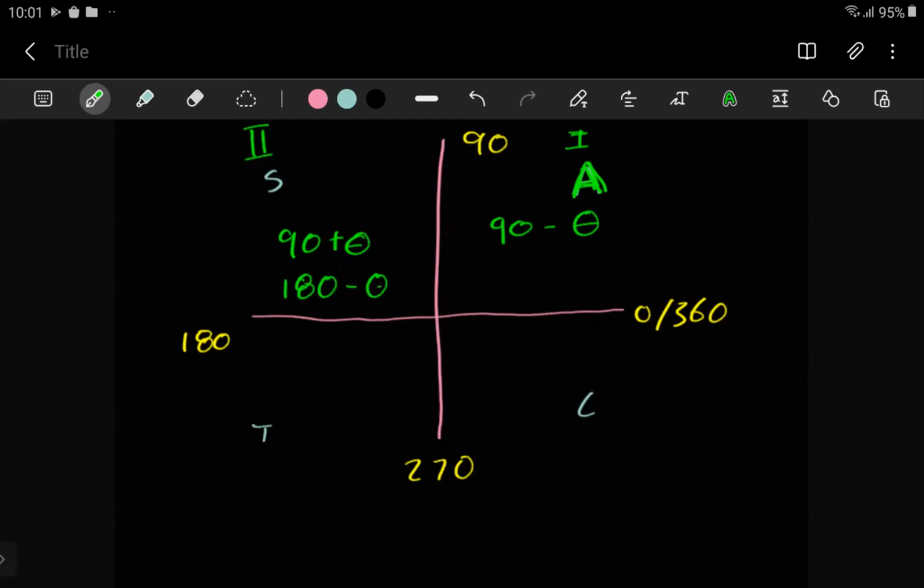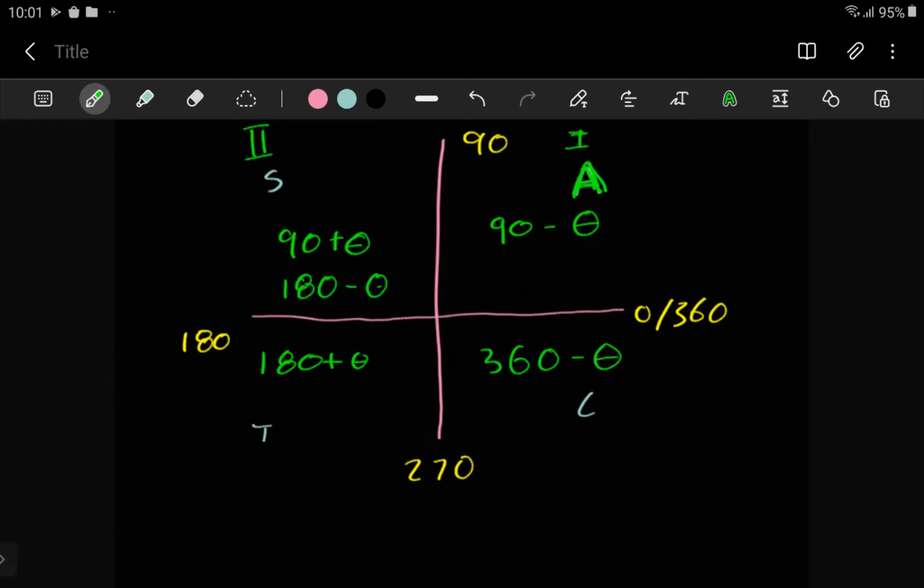Okay. And then in the quadrant where T is, what do we put there? 180 plus. And then in this quadrant, what do we put? 360 minus. 360 degrees and then minus.